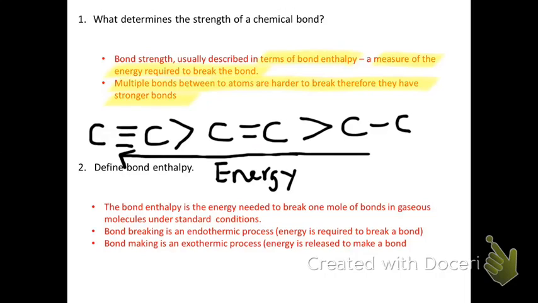A single bond is going to be the easiest to break, so we can also say bond strength increases as we go from single to double to triple bonds. So again, single bonds are the weakest and triple bonds are the strongest.